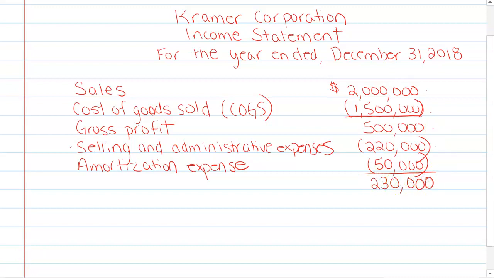And we often call this operating profit, or EBIT, okay? And what that means is earnings before interest and taxes, okay? So that's 230,000. Now what we'll want to do is subtract out our interest expense.